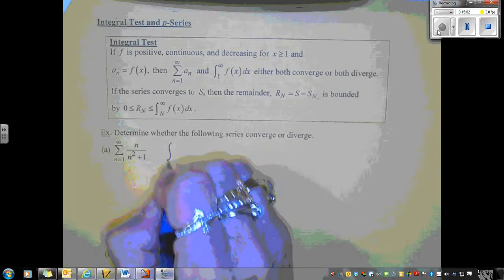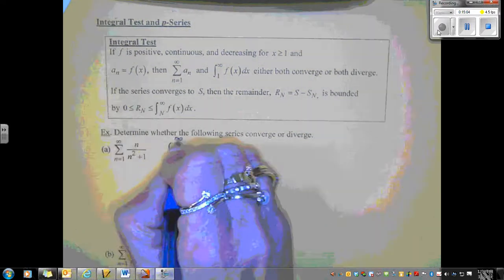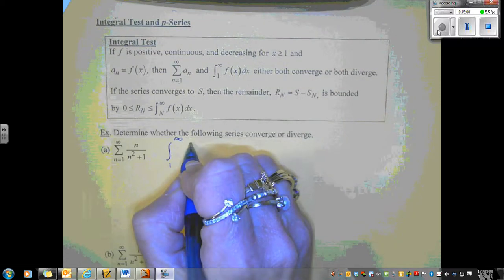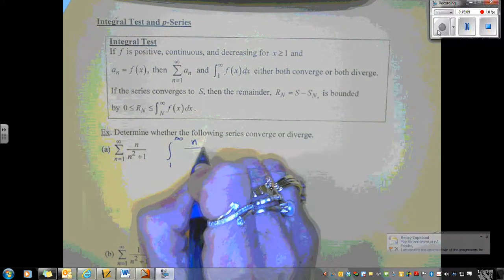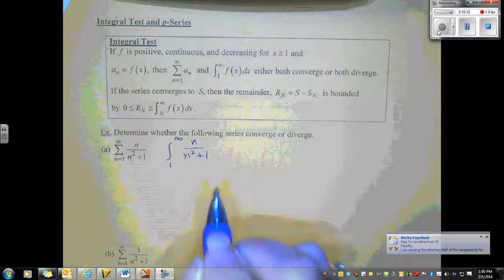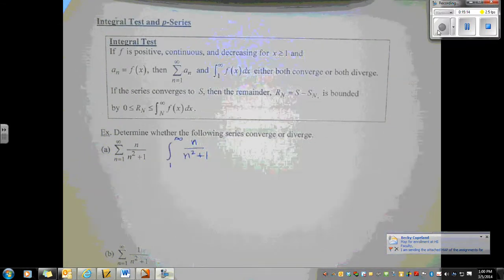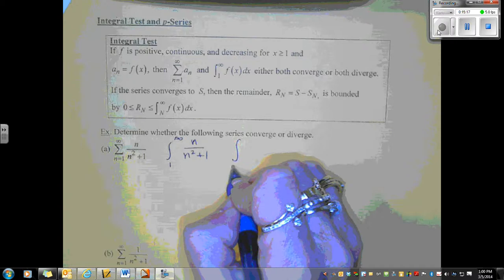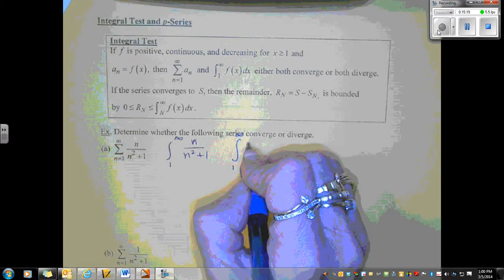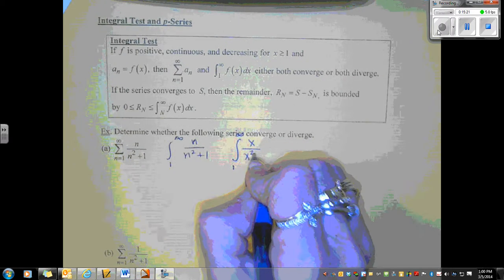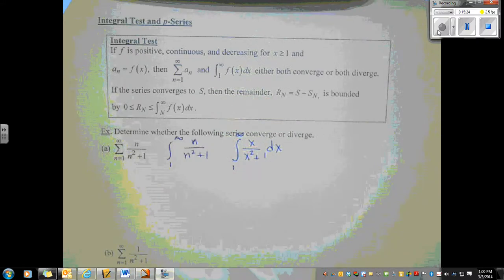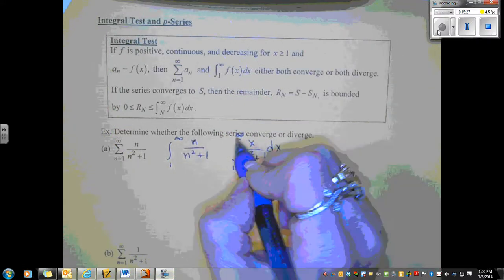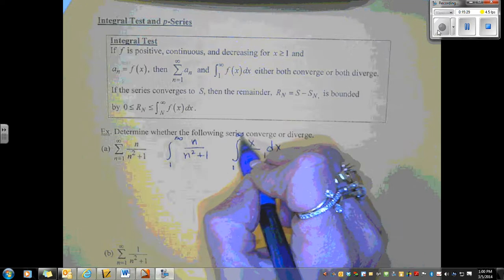So let's do the integral. Let's integrate from 1 to infinity of my function, which is a sub n over n squared plus 1, dn. Or you could write, let's just write it with x's, 1 to infinity of x over x squared plus 1 dx. All right, now, remember this infinity thing we did?